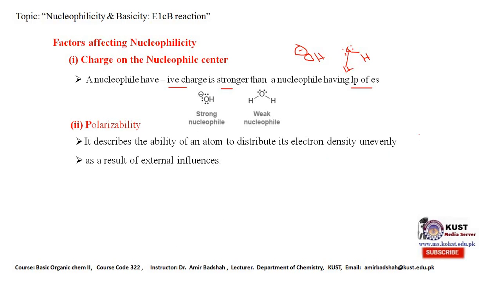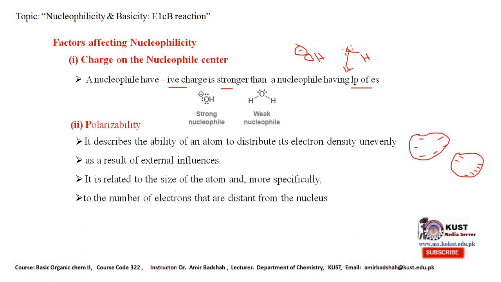For example, this is an atom where the electrons are symmetrically distributed, but under external influence the electrons are unevenly distributed: on one side the electron density is more and on the other side the electron density is less. This uneven distribution of electrons due to some external influence is called polarizability.